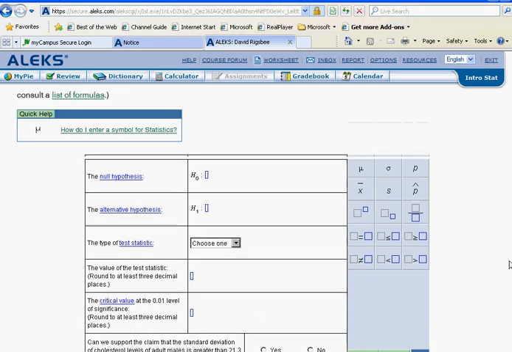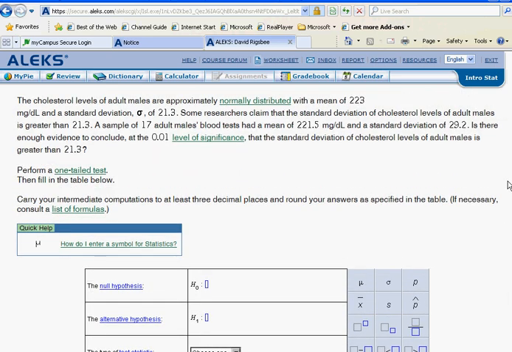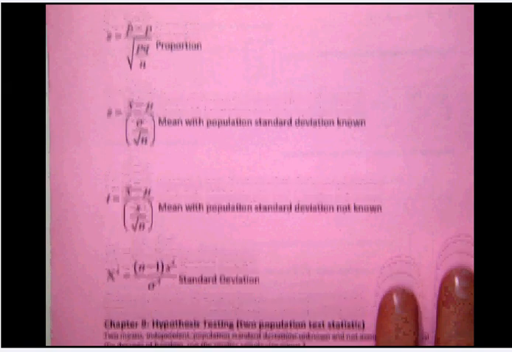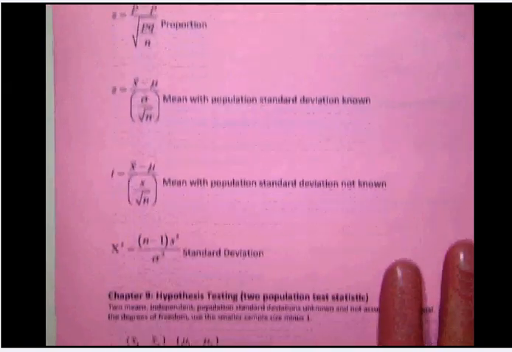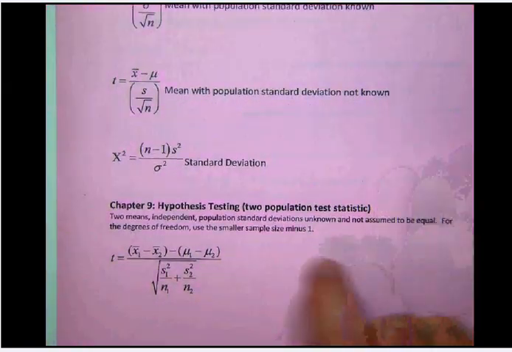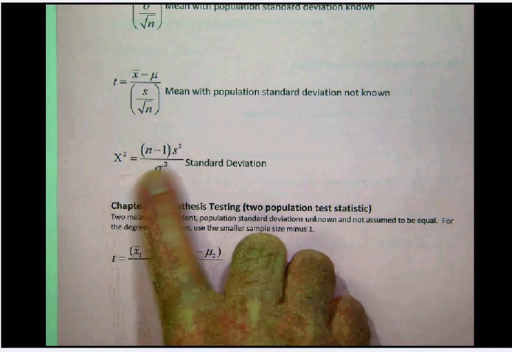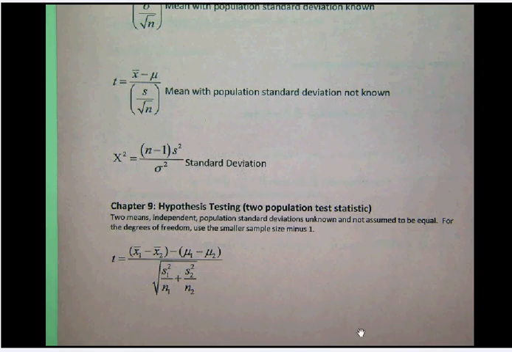Notice that we're making a claim about a population standard deviation, so in our hypothesis test for the standard deviation, we're going to be dealing with a chi-square situation. Chi-square is going to be the name of the game here.